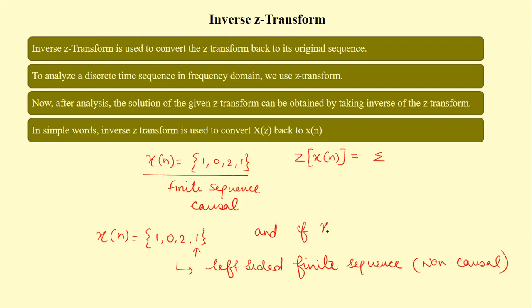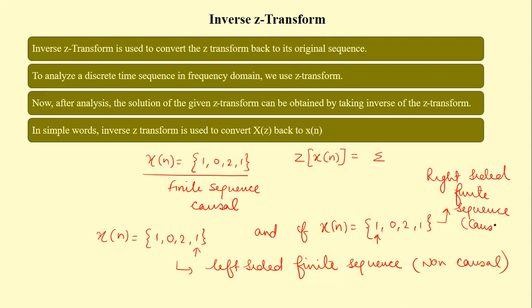And if the same xn is given as 1 and an arrow is given here, then this is a right sided finite sequence, and this is a causal sequence.